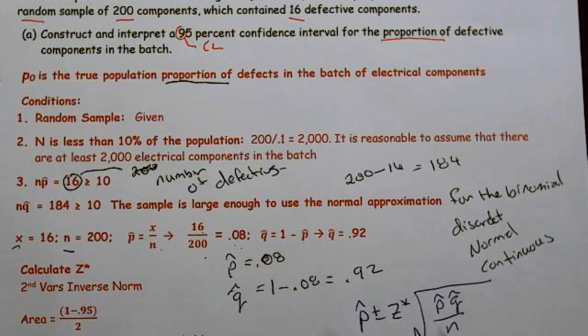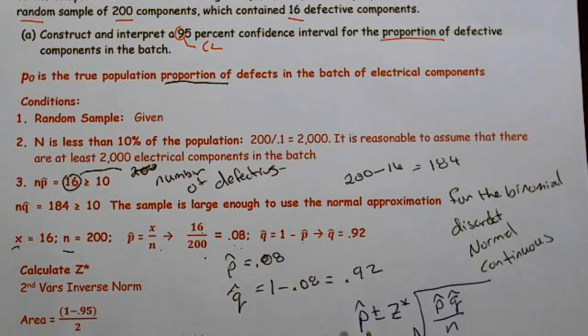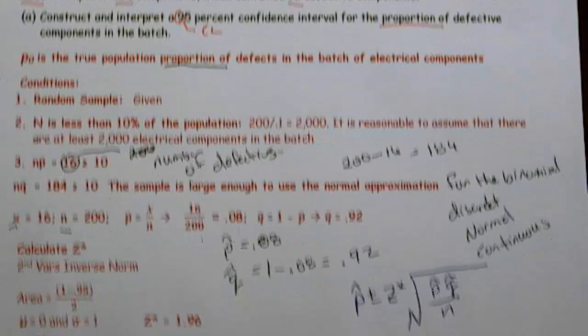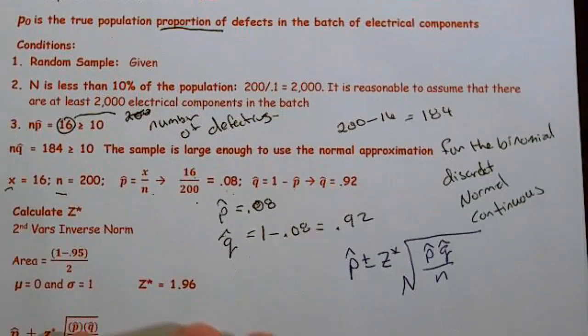And by the way, whenever we're working with proportions, we're working with a z. All right. So we now know that p hat is 0.08, so we can go ahead and plug in the 0.08.